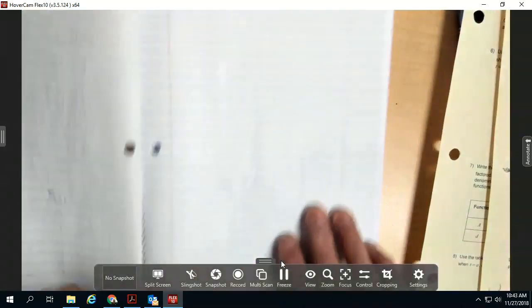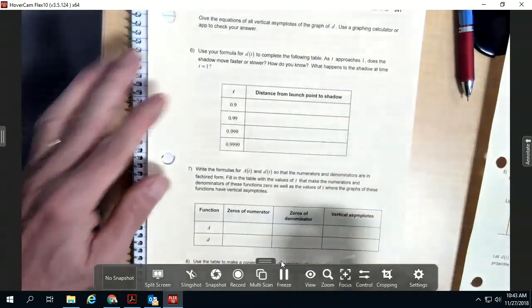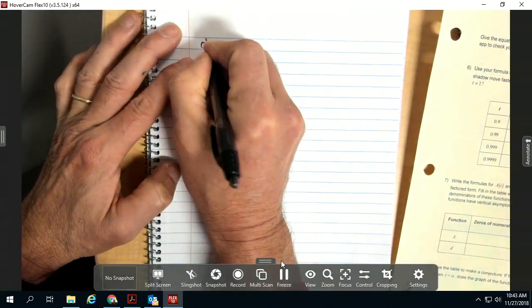So, for our functions, write the formulas for A of t and d of t. Well, we already did d of t.